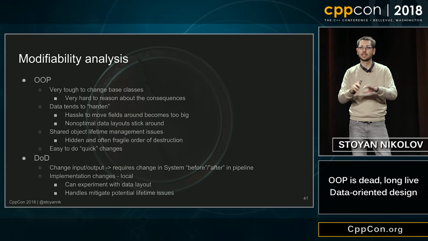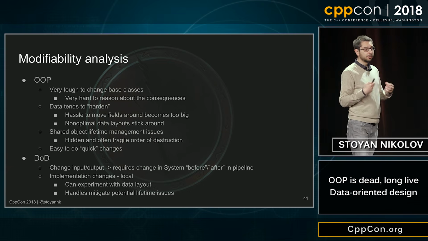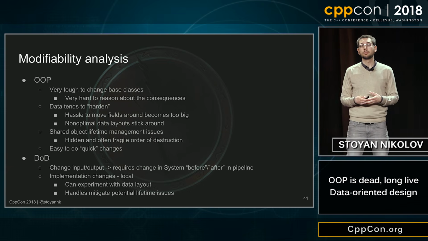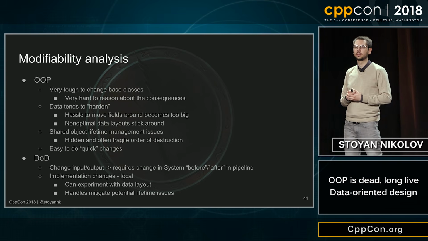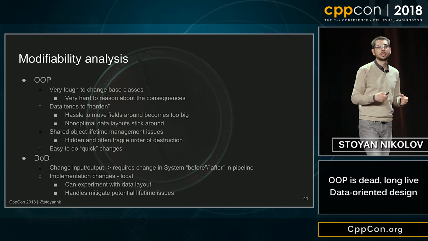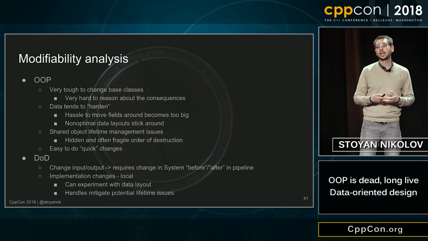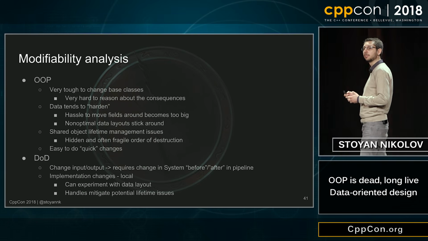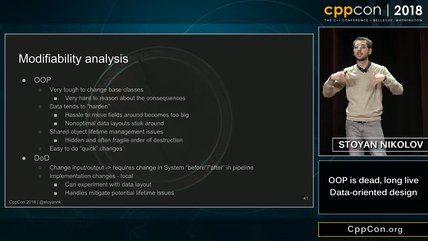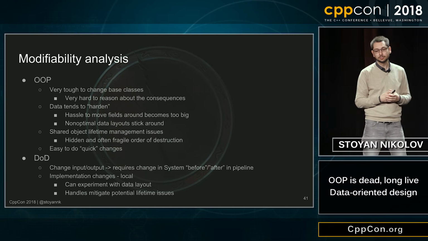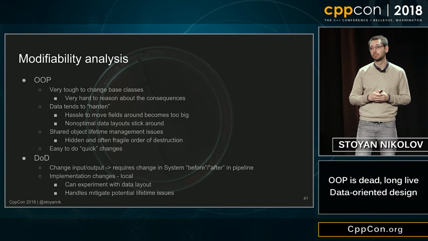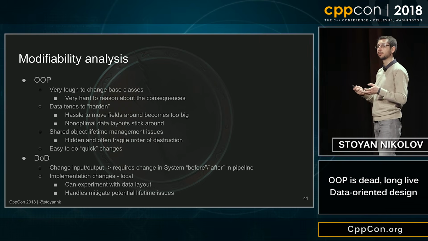So we add a new state and it just works. If we are to keep the pure data-oriented design, this is a lot more difficult to do because we would have to reanalyze our data. We would have to look for ways to keep this state out of our main kernel of the function that is running the animation. And it will probably take us a lot more time. But in the end, it will probably pay off.